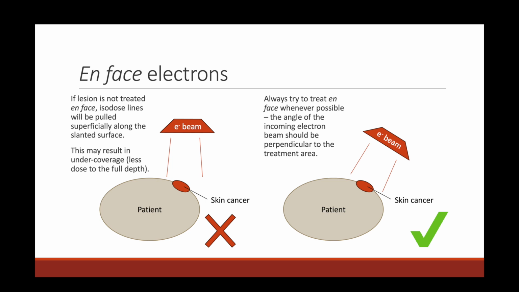Oftentimes it's a clinical setup, and a lot of it is trial and error, trying to find a position that the patient can comfortably hold. Sometimes we have to do the best with what we've got, but we really try to aim for en face treatment with electrons, meaning that the electrons are coming in perpendicularly to the tumor that we're treating, or whatever area we're treating if it's a benign condition.